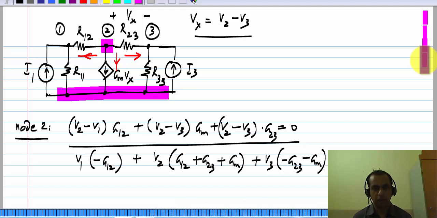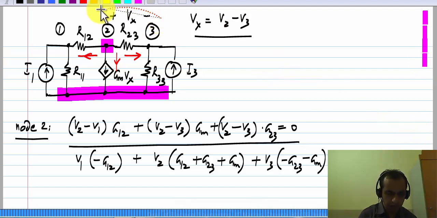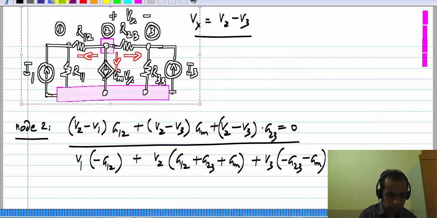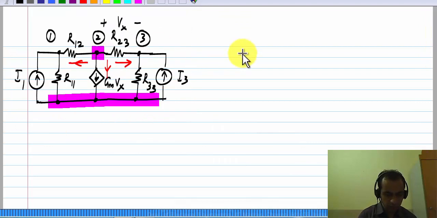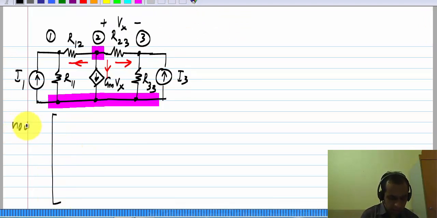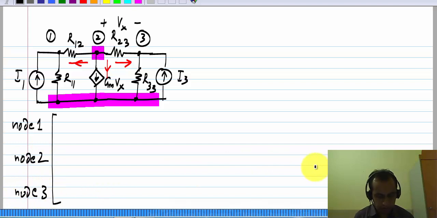Now let me write down the entire conductance matrix. I'll copy this circuit over. As I said, the equations for node 1 and node 3 are exactly the same as before.